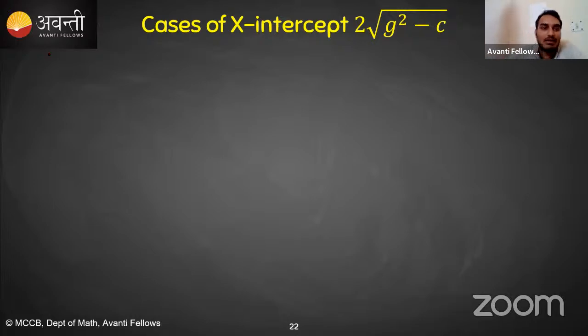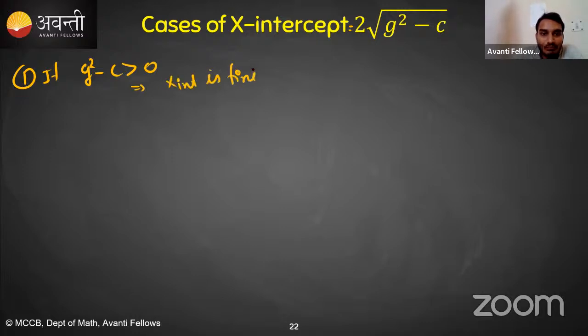So the x-intercept is 2 times under root g square minus c. The first case is if g square minus c is greater than 0. It implies we are getting a finite value of the x-intercept.